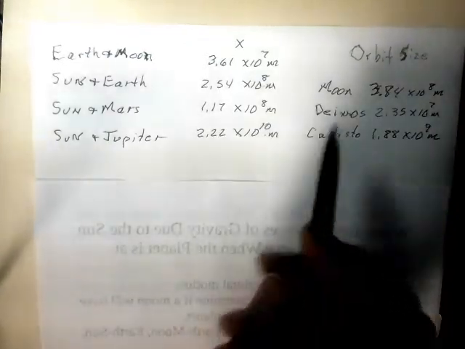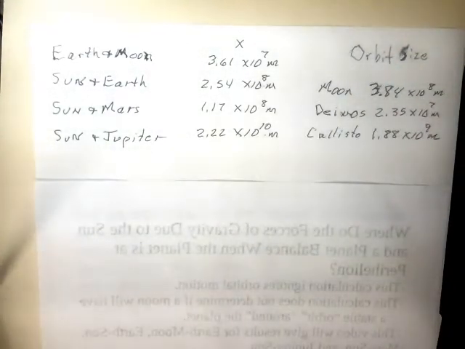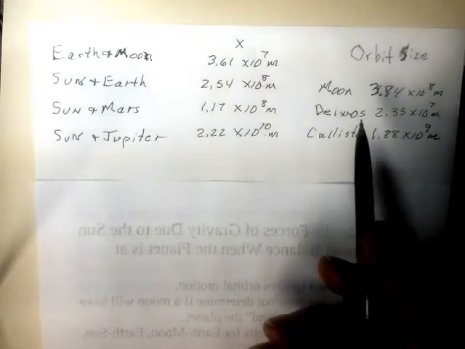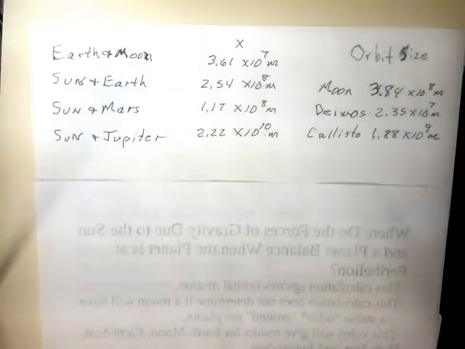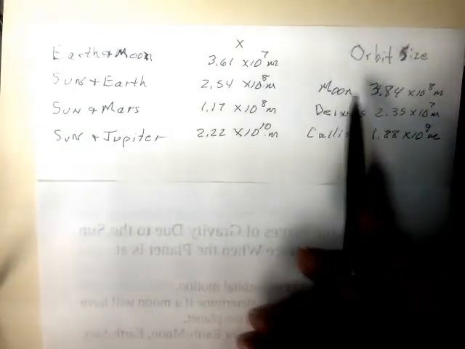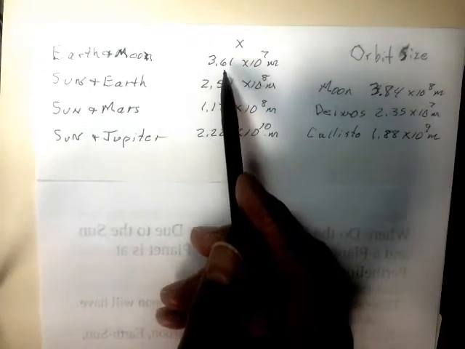Now, here are some facts, orbits that happen to take place. Our moon has an average orbit size of 3.84 times 10 to the 8th meters from the center of the Earth. Notice this is quite a bit larger than where the balance point is located.